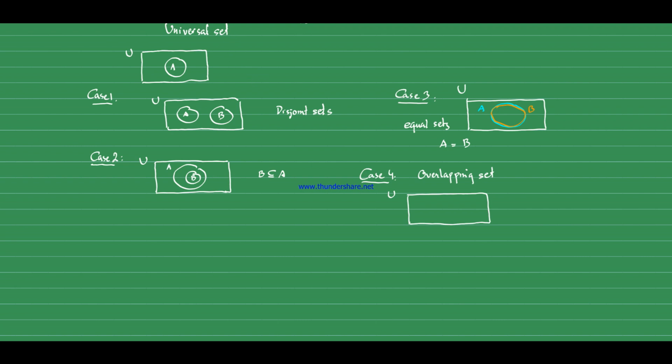The first set over here, I'm going to use a different color, so I'm going to have set A over here, and I have a set B over here in green. You see that set A and set B share something in common in between, right? So they overlap a little bit right there.